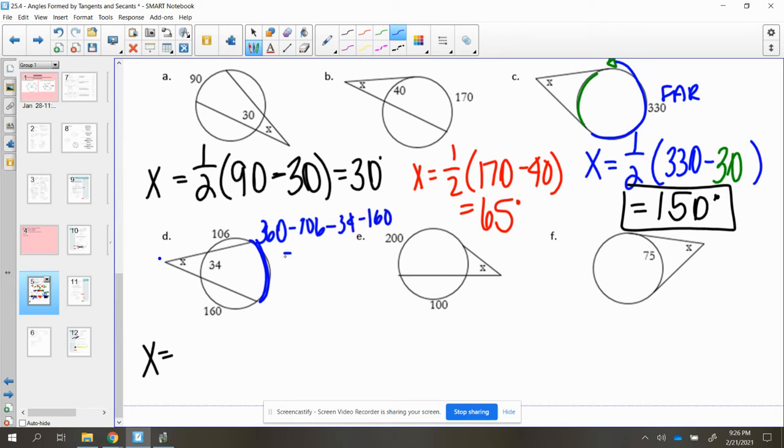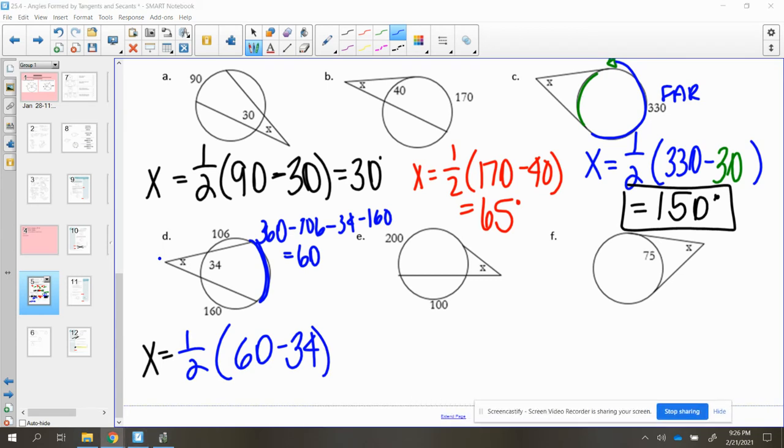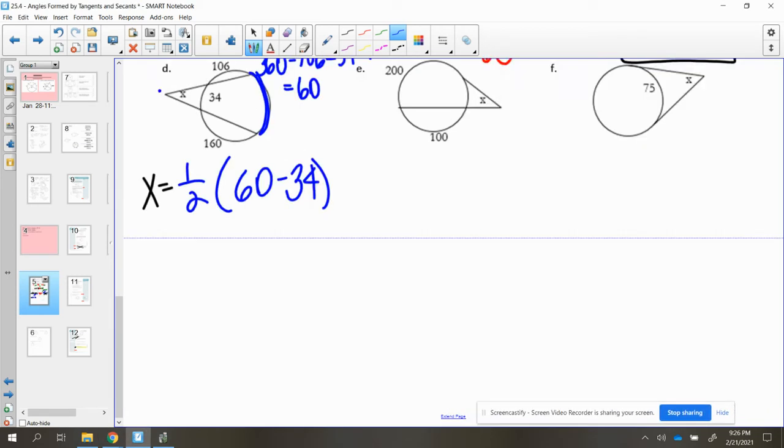So that would be a value of 60 degrees when we do that. So then 1/2 of our far arc, which we said was 60, minus that near arc of 34, would be 1/2 of 60 minus 34, which is 26. So 13 degrees would be our angle outside.